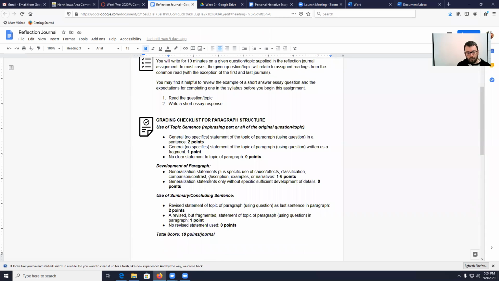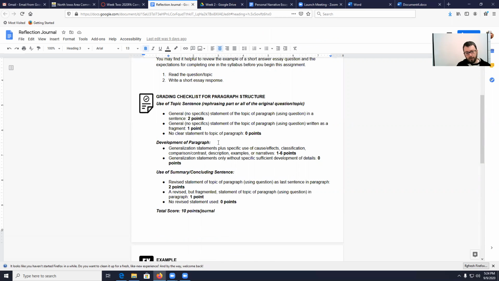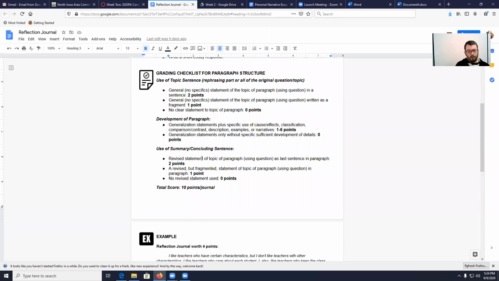As I go down further, for development of that paragraph, I have to have general statements along with specific evidence. I'll show you in a minute what that means. And then the very last sentence of my paragraph should include a summary or concluding sentence. What that means is that the very last sentence is going to mimic that topic sentence.